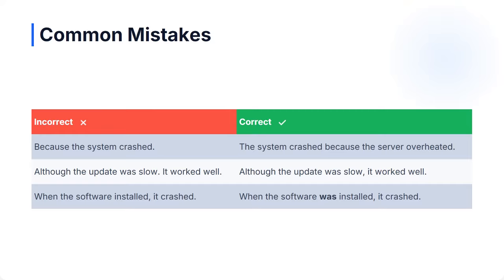And here we have the common mistakes that you may fall into. The first mistake is writing a dependent clause alone, which doesn't have a meaning. You need to complete your complex sentence. The system crashed because the server overheated. You may as well fall into the mistake of wrong punctuation.